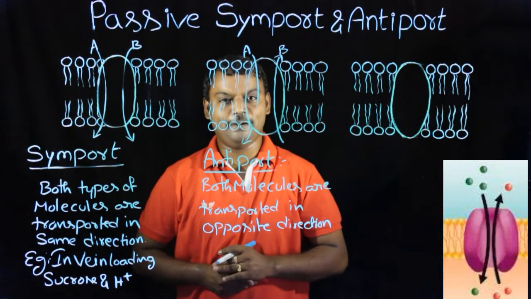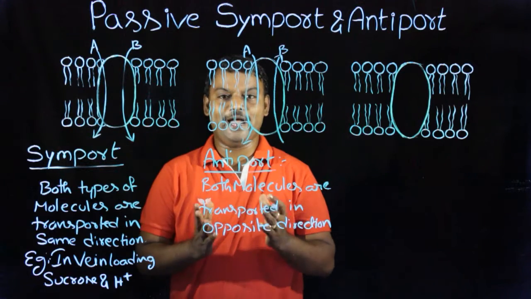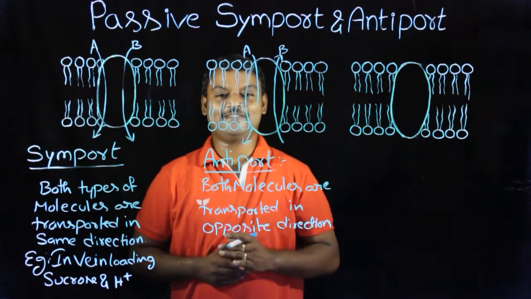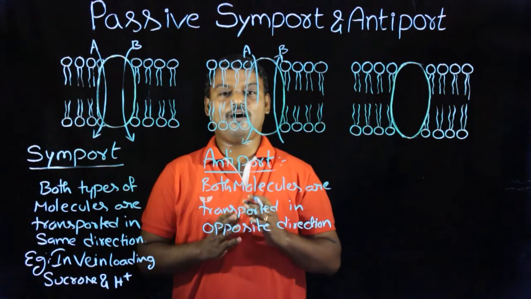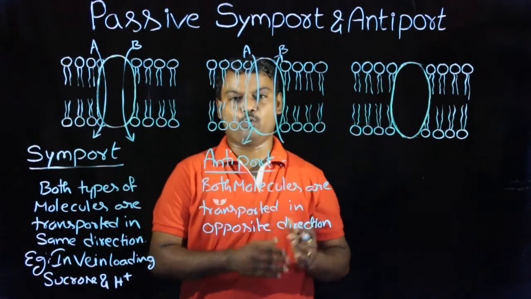To take one example in plants, during stomatal movement, at the time of the stomata opening and closing mechanism, two types of molecules like K+ and H+ ions are transported in opposite directions by membrane proteins.